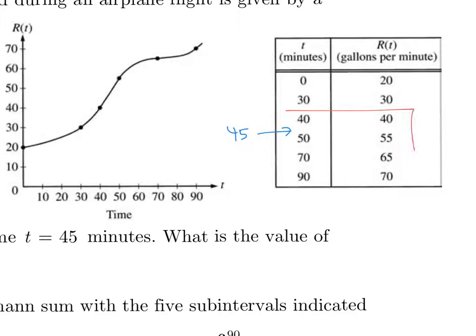So they want us to take these 2 points, if you will, t comma r of t, or x comma y, and think slope formula from Algebra 1 class. So I'm literally going to do y2 minus y1 over x2 minus x1, where this is y1, y2, x1, x2, and subtract your y's to get your change in your rate of fuel consumption per time amount.